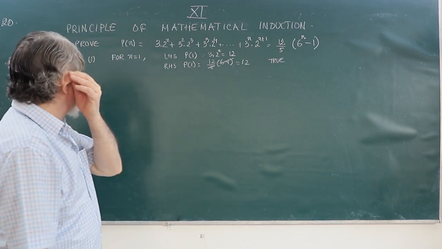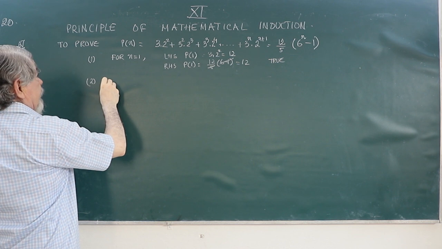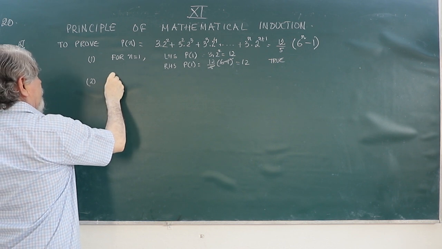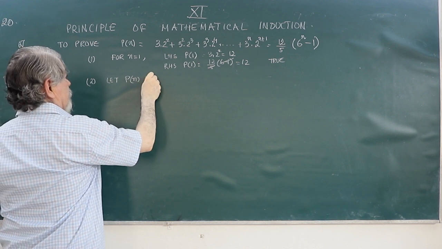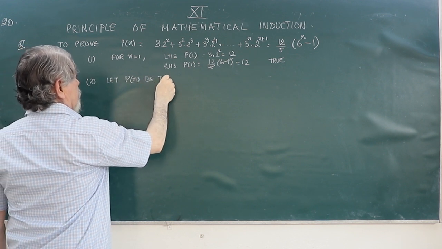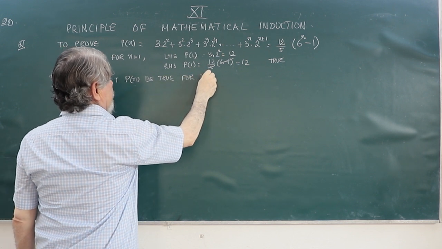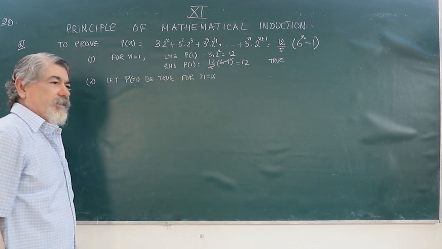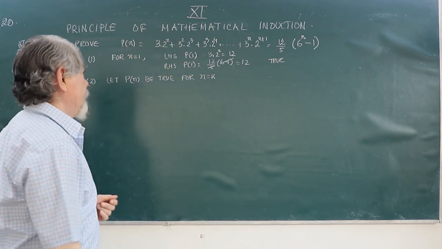Now let us assume that the statement is true for n is equal to k. Let Pn be true for n is equal to k. k is any value. Time and again I am saying k is any value of n.